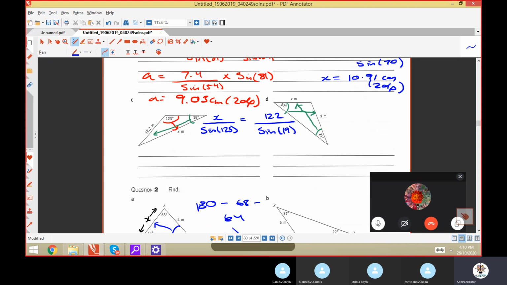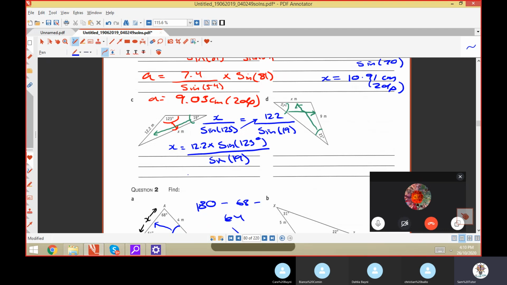There's no tricks here. In this case, we have to make x the subject. So what is this number doing to the x? It's dividing. What's opposite dividing? Timesing. So you just times that directly up. So you get something like x is equal to 12.2 times sine bracket 123 degrees all over sine 19, and you punch all that into your calculator and that's it.